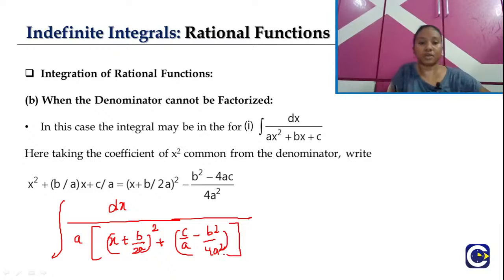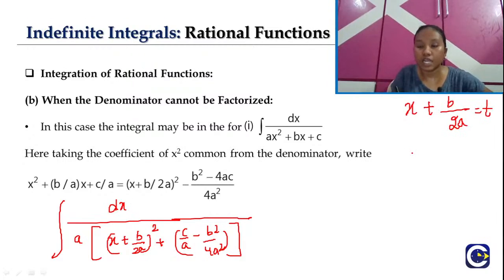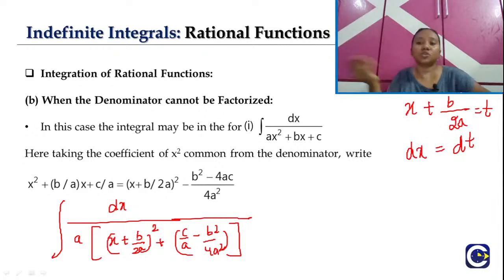So now this is my denominator, where my denominator cannot be factorized. So now in place of x plus b by 2a, I am going to substitute t. x plus b by 2a will be equal to t. Then my dx will be equal to dt because b by 2a is nothing but a constant. Yes or no? So my dx will be equal to dt.